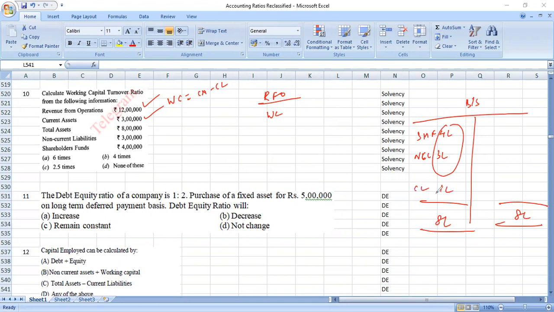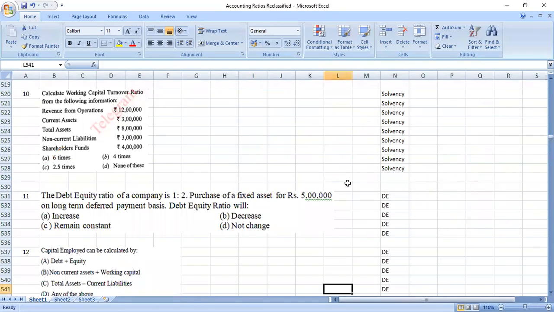So 1 lakh will be current liability. Current asset 3 lakh, and current liability 1 lakh. So working capital will be 2 lakh. 12 lakh is the revenue from operation divided by working capital of 2 lakh will give us 6 times as the working capital turnover ratio.